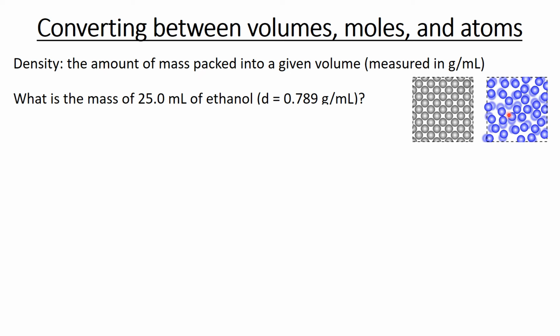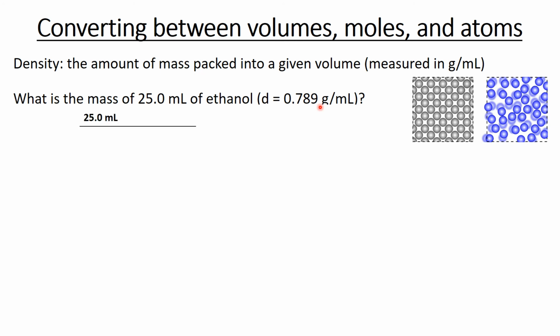So if I want to know the mass of 25 milliliters of ethanol, if its density is 0.789 grams per milliliter, that means that 1 milliliter of ethanol weighs 0.789 grams. So this density is really a conversion factor between mass and volume.